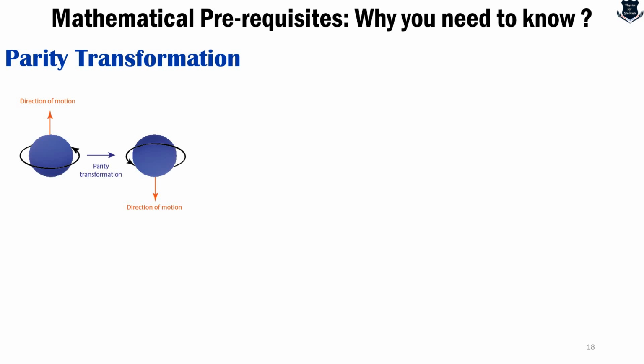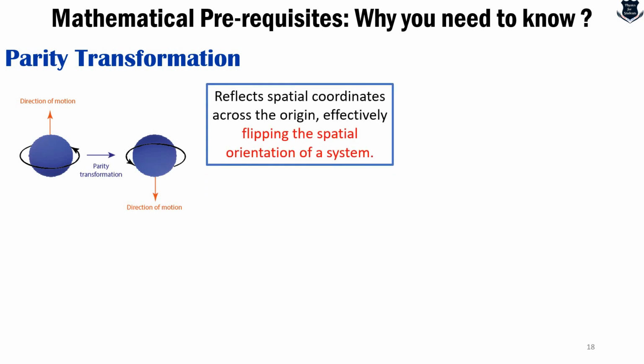So here comes the next concept, which is called parity transformation. And yes, I would say understanding parity transformation is important for learning Dirac equation and spinors. Why? Because parity transformation does play a significant role in analyzing the symmetries and physical behavior of systems which are described by the Dirac equation.